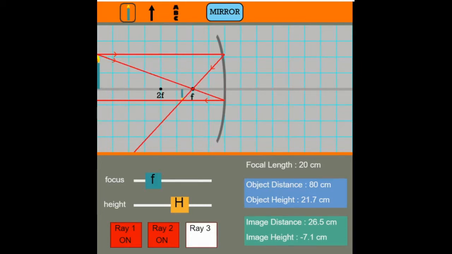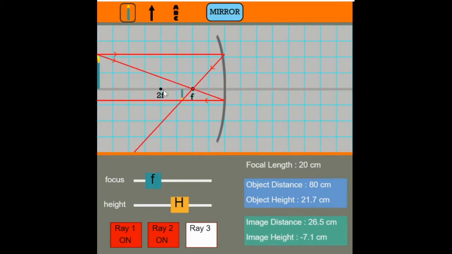The rays are traveling parallel to the principal axis and passing through the focus, and the other ray is traveling through the focus and parallel to the principal axis. These 2 rays meet at this point and the image is formed at this point.